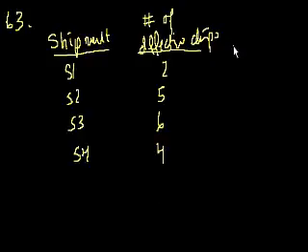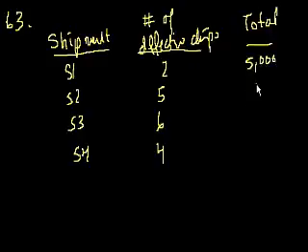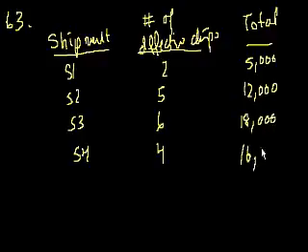And then the total number of chips in each shipment is 5,000, 5,000, 12,000, 18,000, and 16,000. Now let's reread the question.